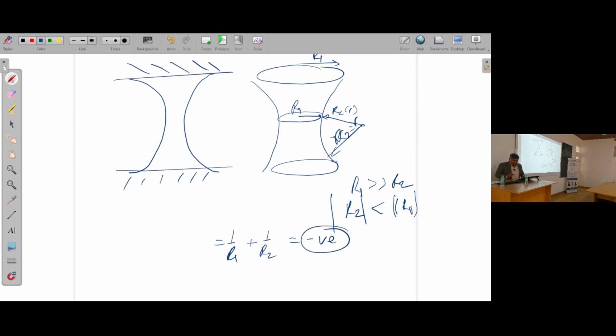Here I'm just taking the modulus, the values, but essentially R1 is pushing away, that is in the positive direction, and R2 is actually in the other way. So they are negative.